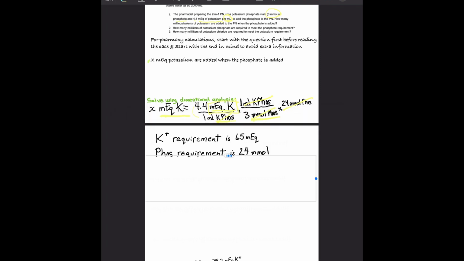So I have 24 millimoles of phosphate over how many milliliters of potassium phosphate is equal to 3 millimoles of phosphate, which I got from the question up on the very top, over 1 milliliter of potassium phosphate. So we cross multiply and divide, and the answer that I get is 8 milliliters of potassium phosphate.